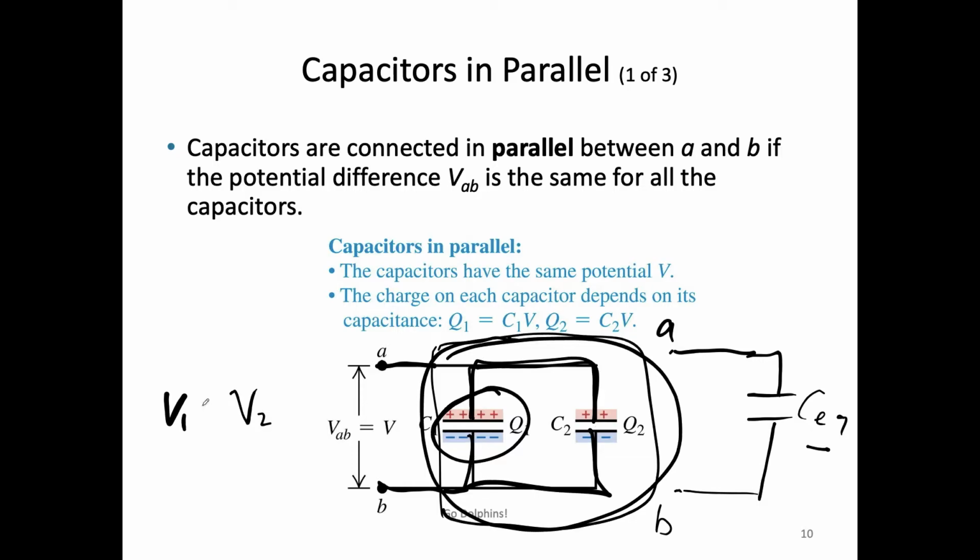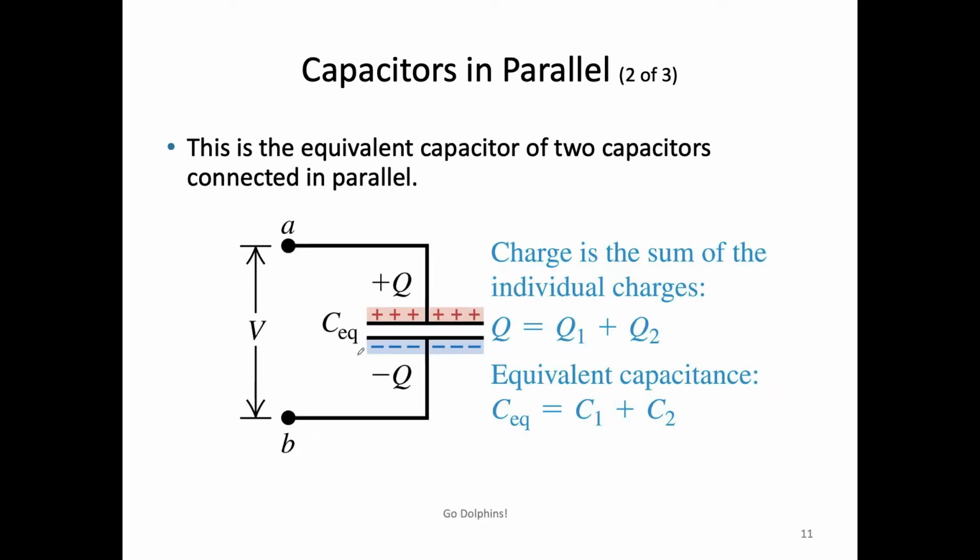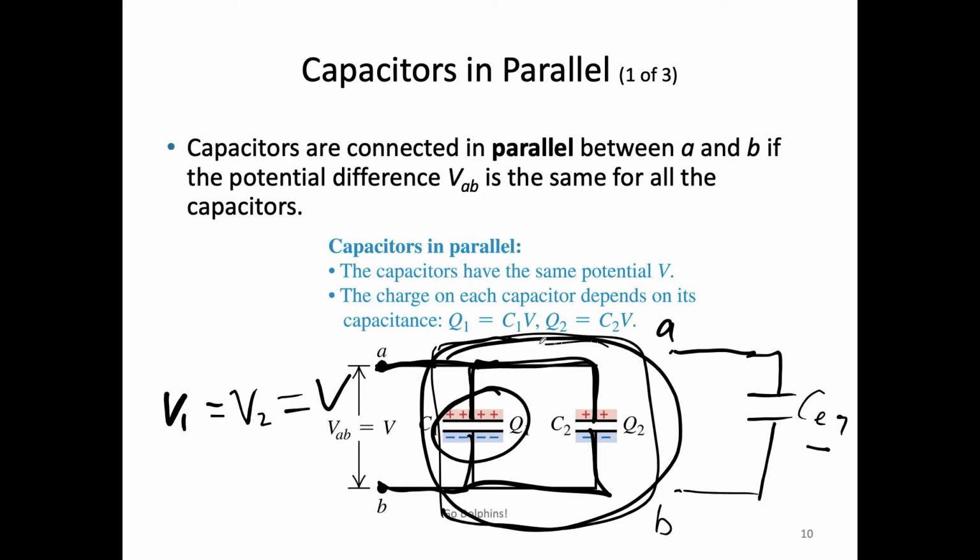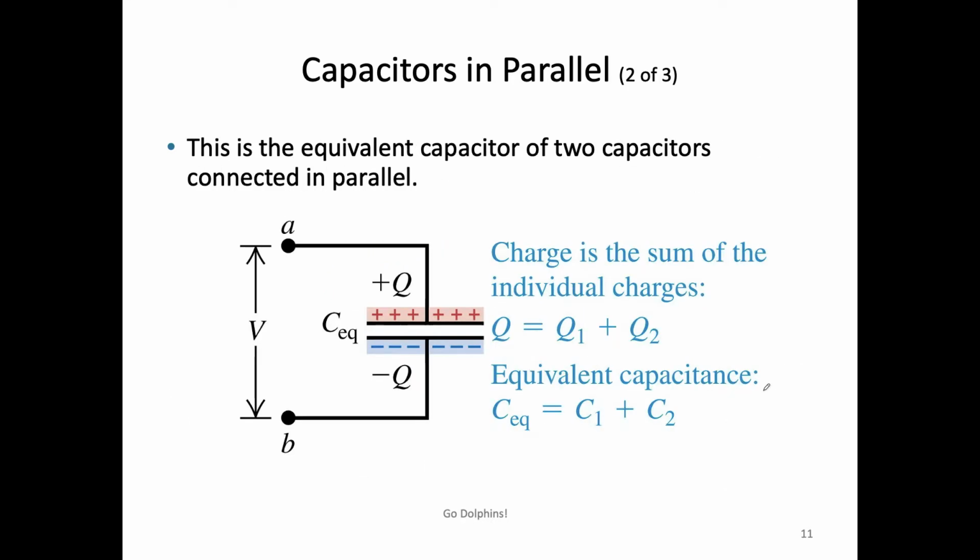Those two are equal potential too, so V1 equals V2 and also equals VAB, which is V. And also, the total charge carried on this side is Q1 plus Q2, and the total charge carried by this side is Q1 plus Q2. So you can think of it as having Q1 plus Q2 here and Q1 plus Q2 here. That's why I have Q equals Q1 plus Q2.